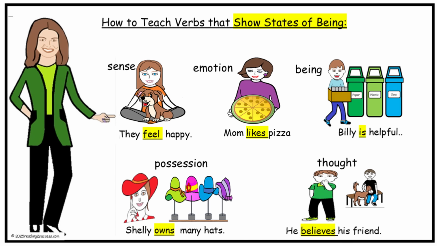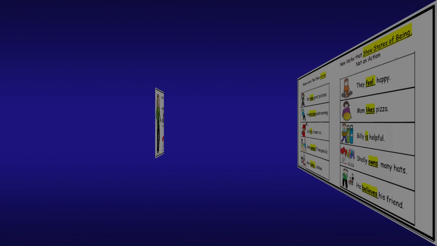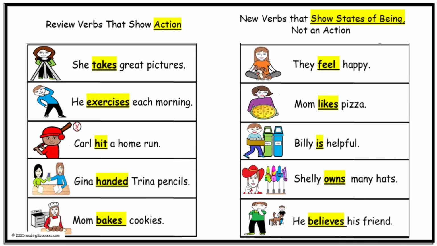This video teaches the sense, emotion, being, possession, and thought state of being words. This is a template created to provide kids with a greater understanding of the two types of verbs.